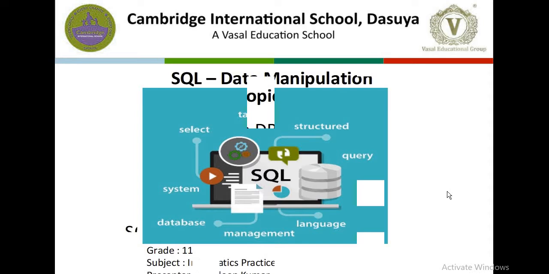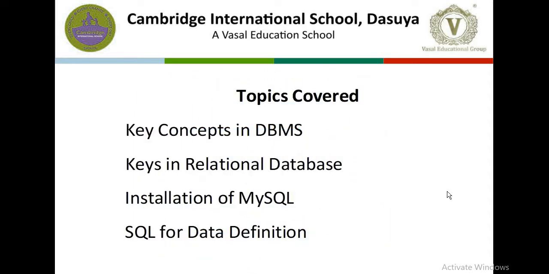So moving forward, students, what are the topics that we have covered? What is the basic of database, DBMS, key concepts in DBMS, different keys in relational database, installation of MySQL, and SQL for data definition. Data definition is first creating the structure.